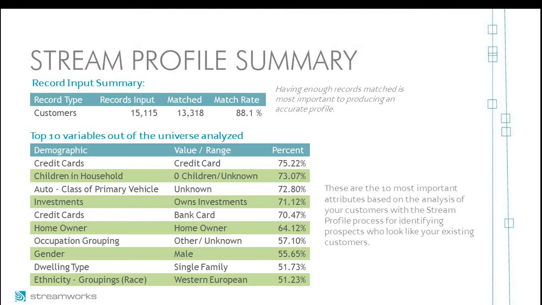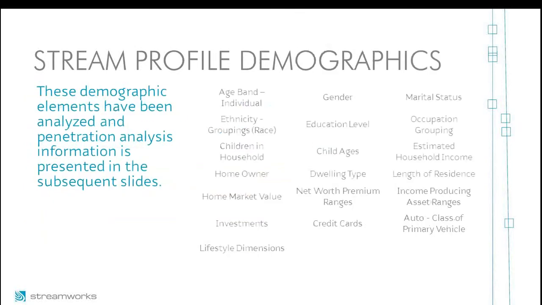Auto and class of vehicle, it's unknown, which on this particular file, there are other attributes that would feed into the auto information if you needed it. We can tailor it to include those. Investments is a huge one. 71% of this universe have an investment. 70% have a credit card, and so on. So we'll get into the next slides, and we'll show you how that breaks down when you're ready to understand it.